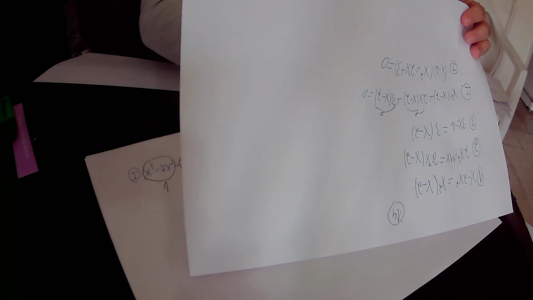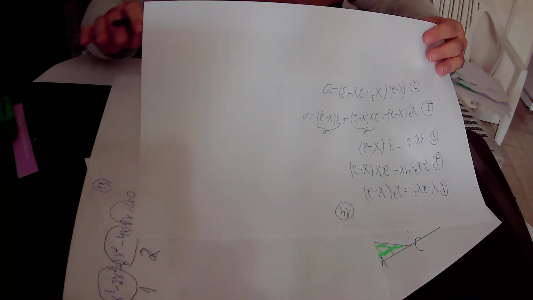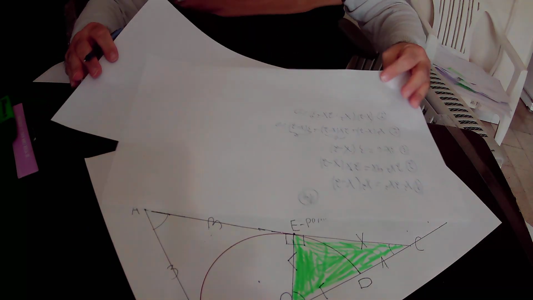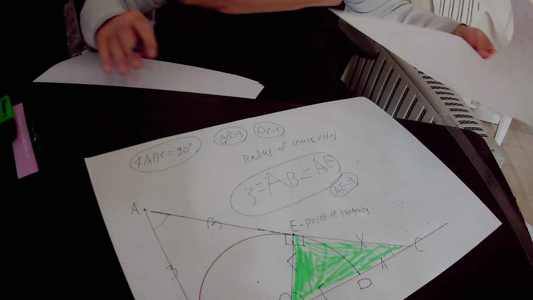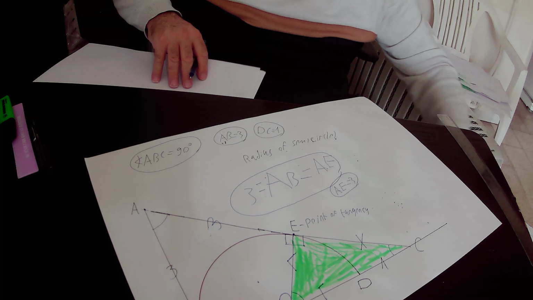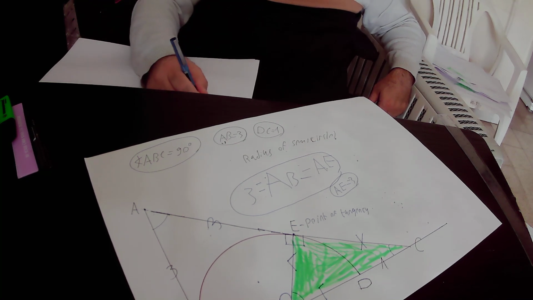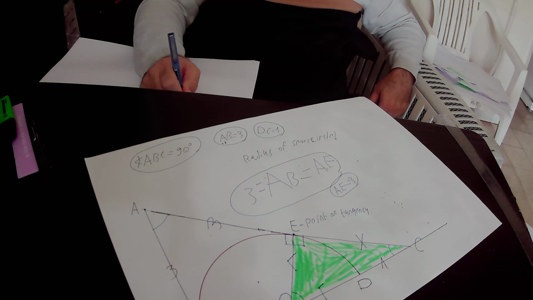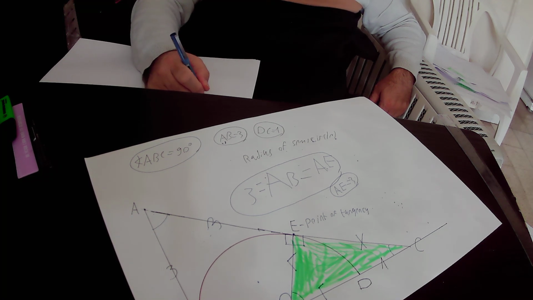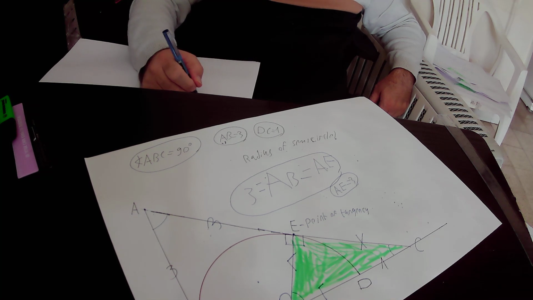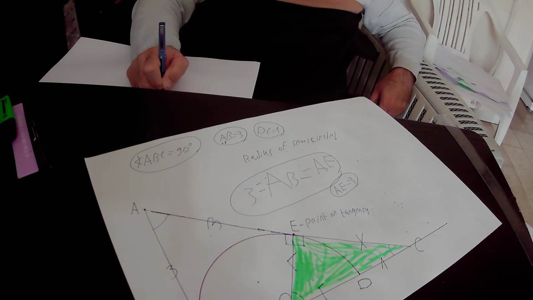The first possible solution is that x minus 2 equals 0, and the second possible solution is that x squared plus 2x plus 3 equals 0.